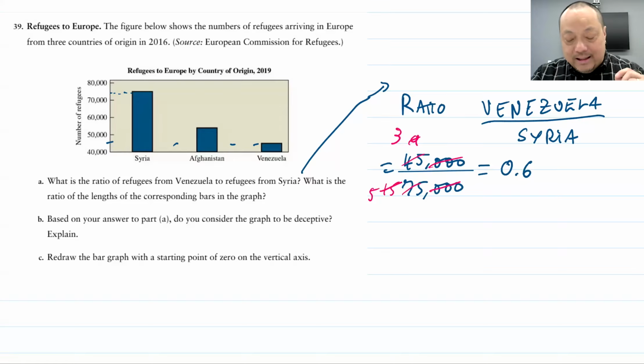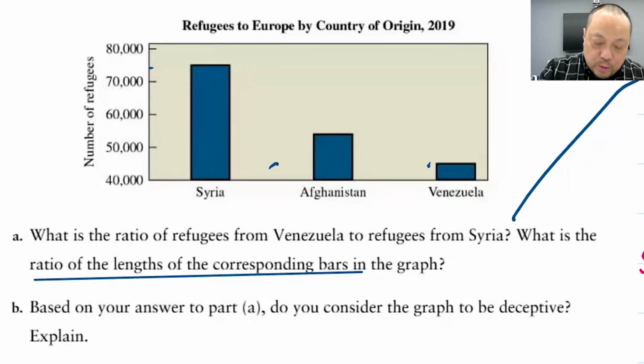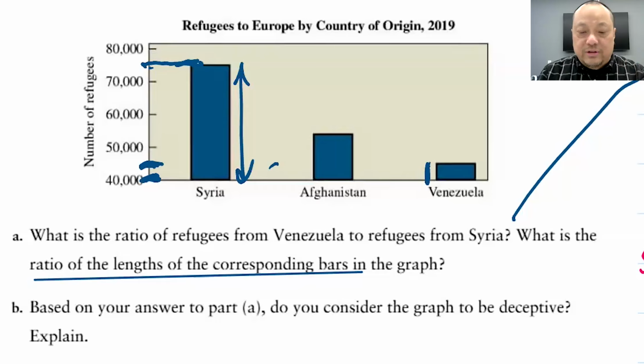That's the ratio of refugees. Now, the part that I think a lot of people are asking about is the second part, which is, what is the ratio of the length of the corresponding bars? The length of the Venezuela bar is about that much, whereas the length of the bar for Syria is that much. So what's the ratio?